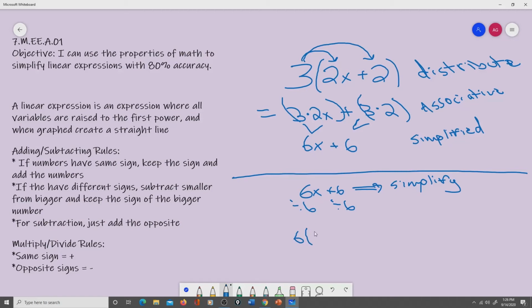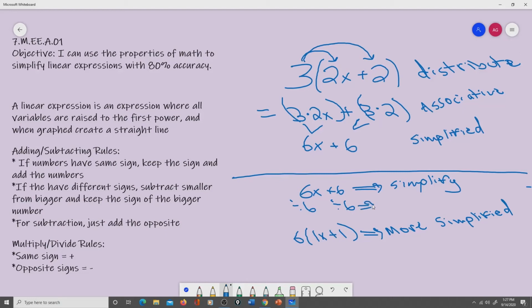And 6 divided by 6 is 1. And 6 divided by 6 is 1 again. So plus 1. So if I really want to simplify, this is more simplified. Because now I've been able to take the 6 out of both, and I'm left with 6 times the quantity 1x plus 1, because now I've factored.